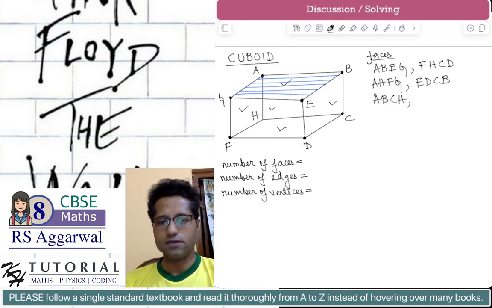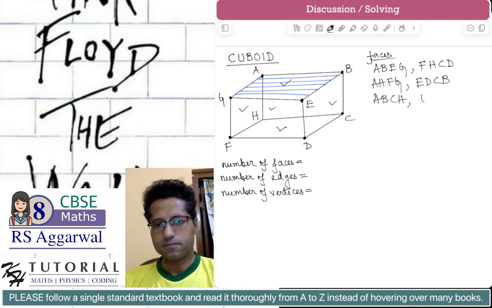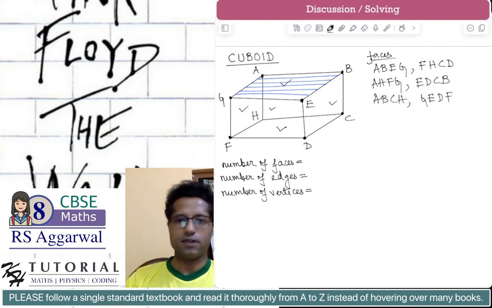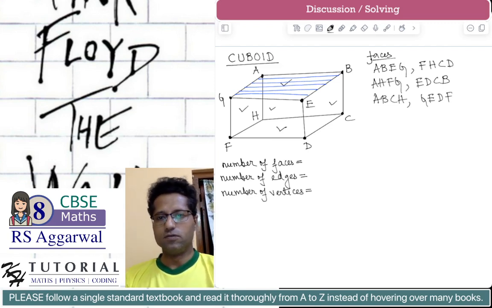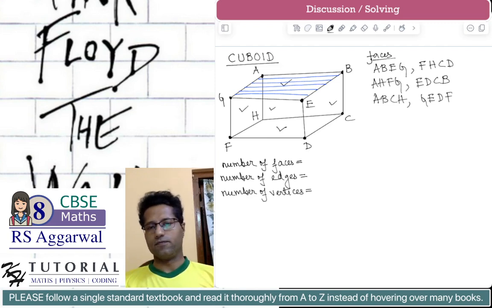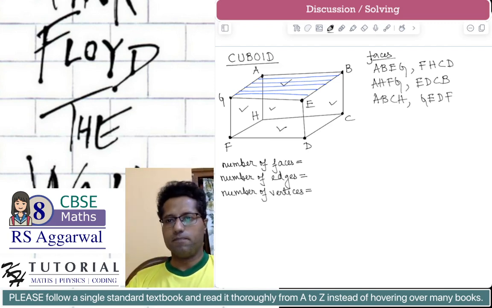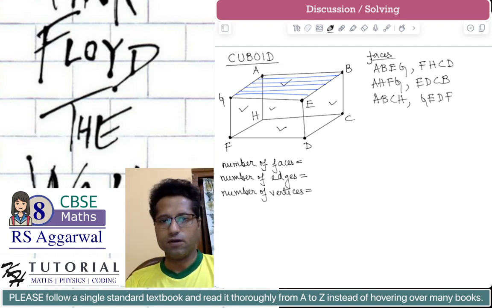Its opposite face is GEDF. I hope you will be able to understand. Now it will be very difficult to visually highlight and mark the face GEDF, because it will be confusing. I hope you are understanding by the labels, by the plain figures of the faces that I am indicating, that the faces ABCH and GEDF are opposite to each other.